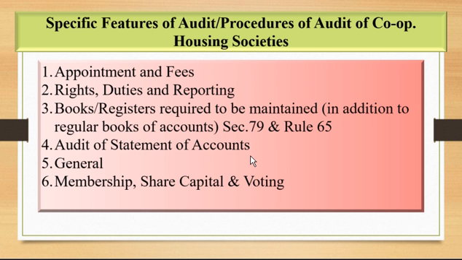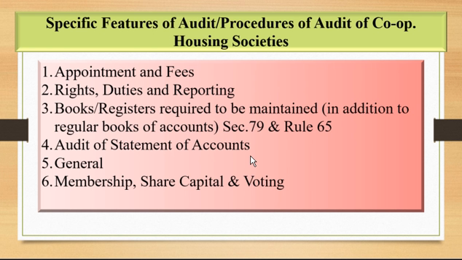Other societies get accounts audited from the panel of auditors maintained by the registrar or by a CA holding a certificate in cooperative audit issued by ICAI. Audit is to be conducted by departmental auditors or by certified auditors, which includes chartered accountants, certain diploma holders and ex-staff of the cooperative department. The appointment is done by the registrar or on behalf of the registrar and the report has to be submitted to the registrar.